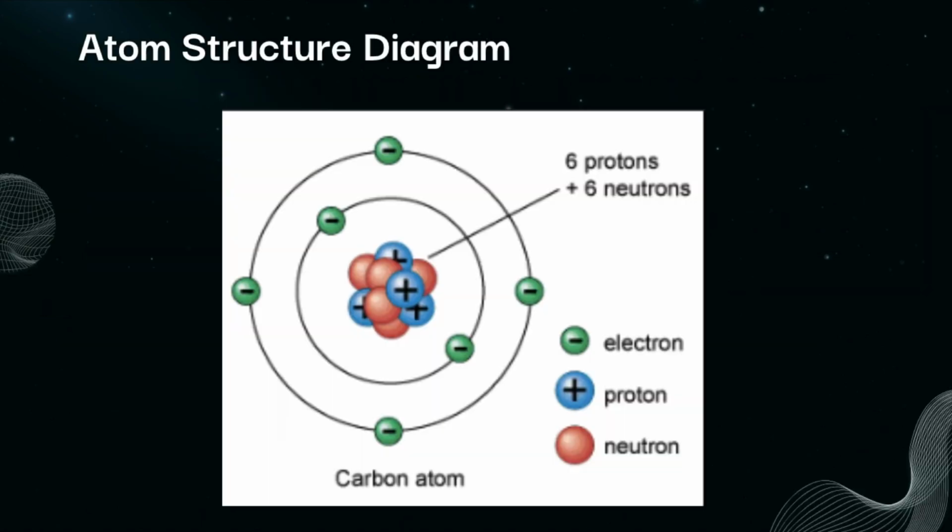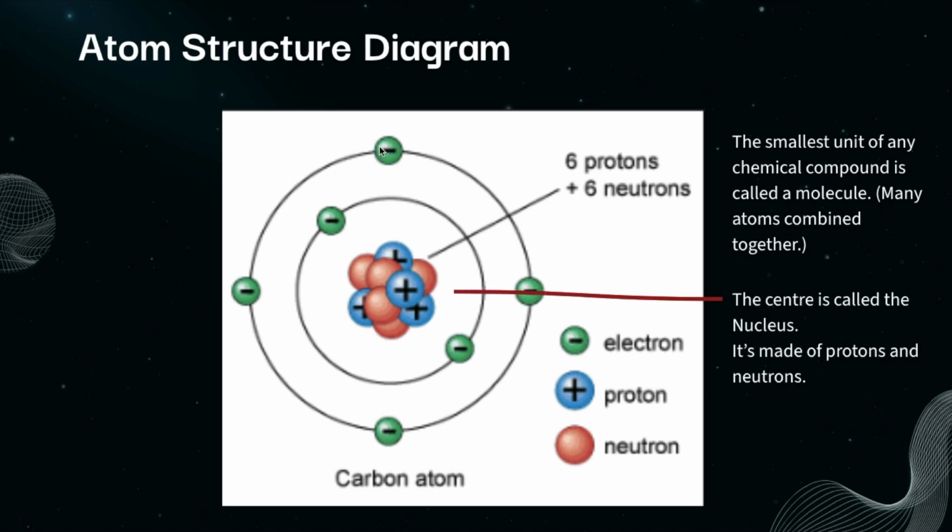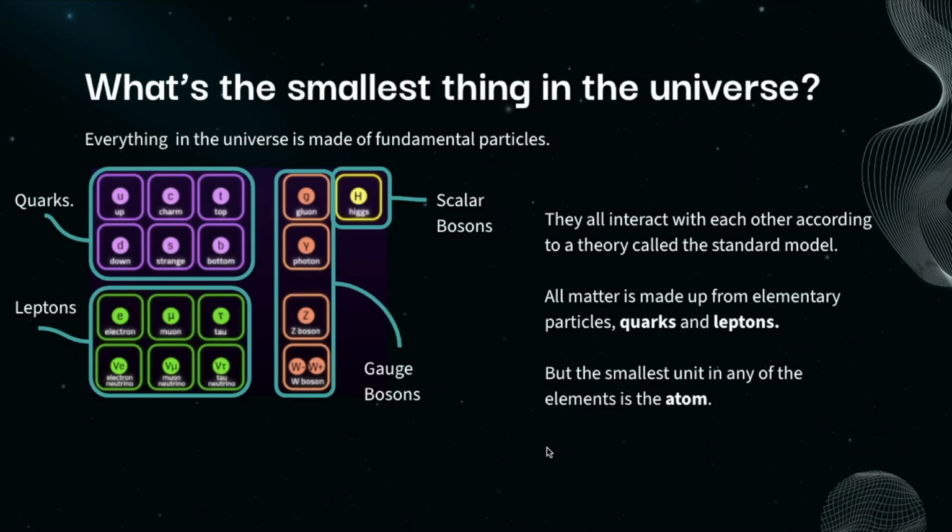So here we have the atom structure, and we basically have the center, which is called the nucleus, and it's made out of protons and neutrons. If we go back here, the protons and neutrons are made of up and down quarks. So the protons and neutrons can actually be broken down into quarks.